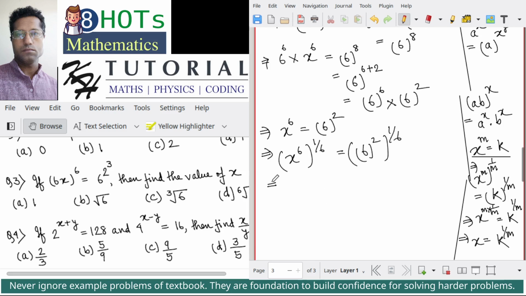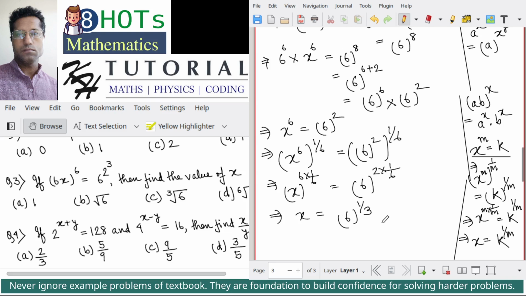So the left hand side becomes x to the power 1, because it will be 6 multiplied by 1 by 6, and this is equal to 6 raised to the power 2 multiplied by 1 by 6. So x is now equal to 6 raised to the power 1 by 3.